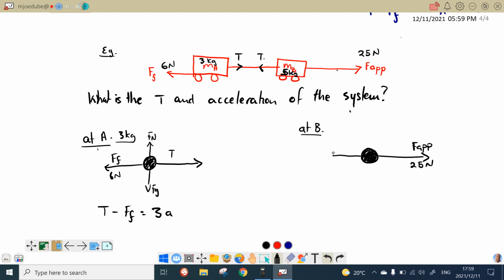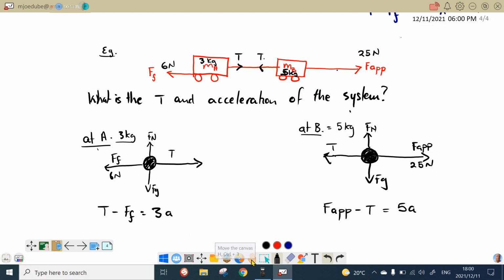And then I have the tension to the left. And then there's the Fn. And then there is the Fg downwards. And this is the 5 kg block. So F app minus T is equal to 5A.